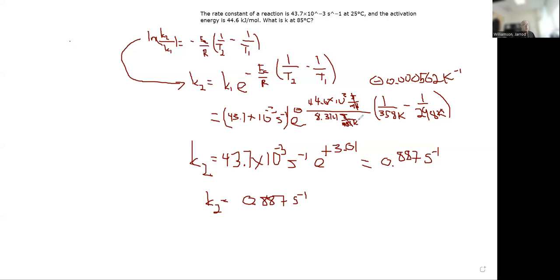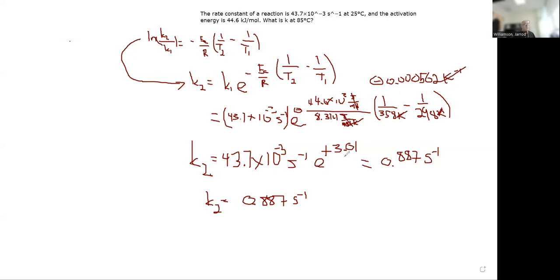This 1 over Kelvin will cancel with these 1 over Kelvins. So I end up with e to the positive, because the minus and that minus cancel. E to the positive 44.6 times 10 to the third, times 0.000562, divided by 8.314.